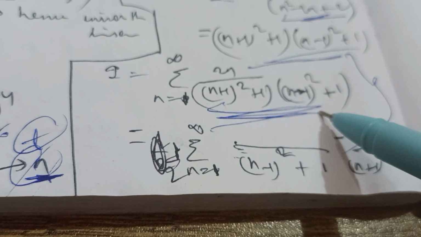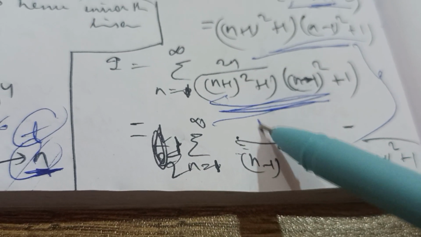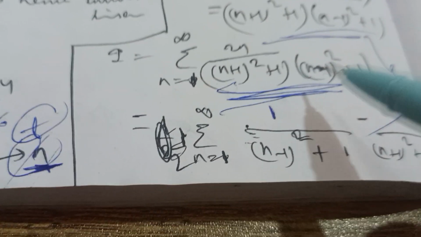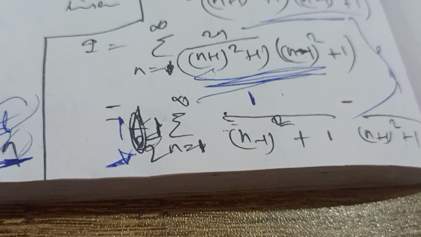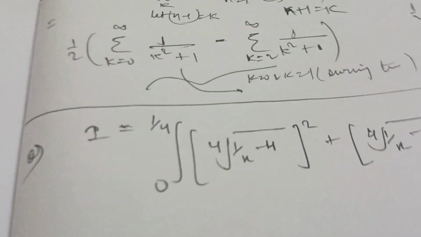Now you can see this can be written as 1 upon (n minus 1) whole square plus 1 minus 1 upon this, and it will get a 2, so I have divided by 2 here, this 1 by 2. That is that. Now move on.